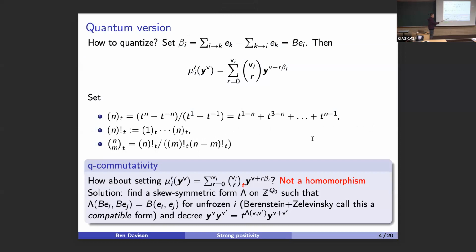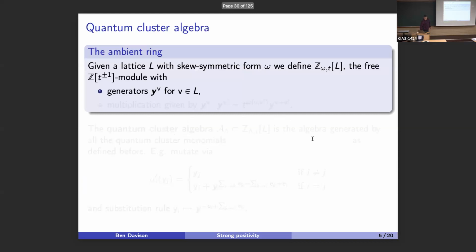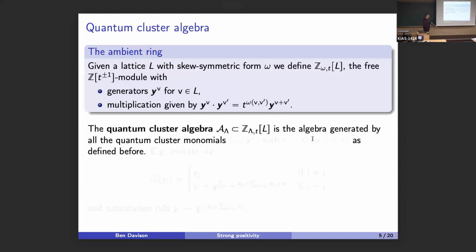And the point of this relation is that if I q-commute or t-commute my Laurent polynomial ring via the rule given by lambda, this basic guess for what the right formula is for quantum cluster mutation is an algebra homomorphism. Omega satisfies this condition. So I'm just setting omega to be lambda. Here I've defined what the quantum torus is for an arbitrary omega, and now I'm going to set omega to be lambda.